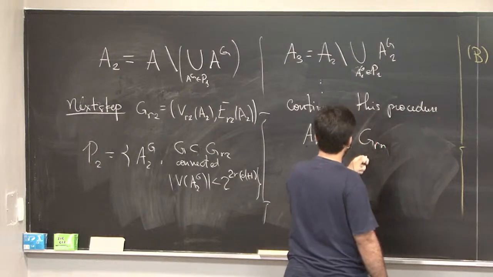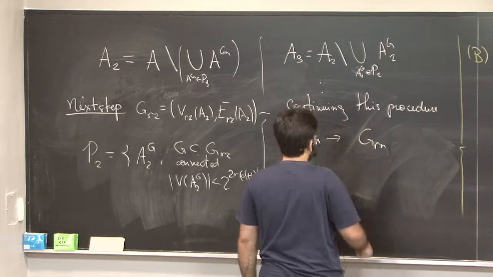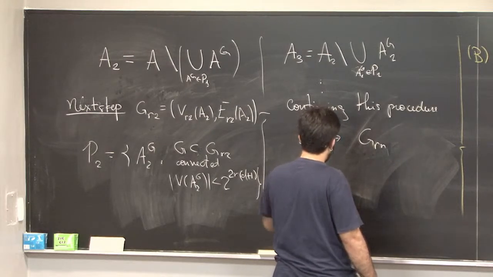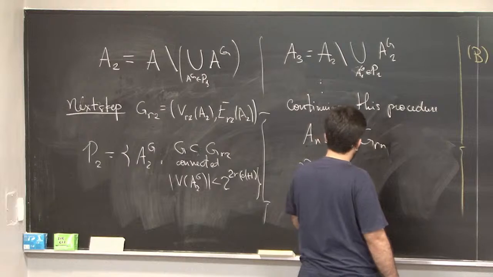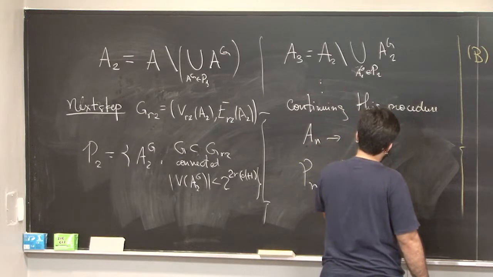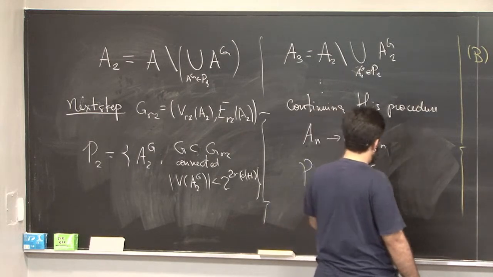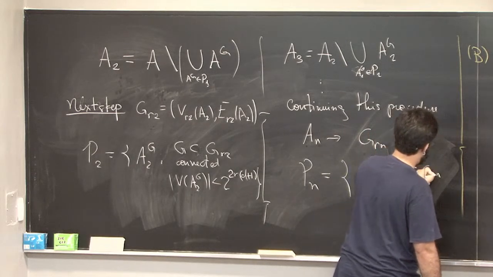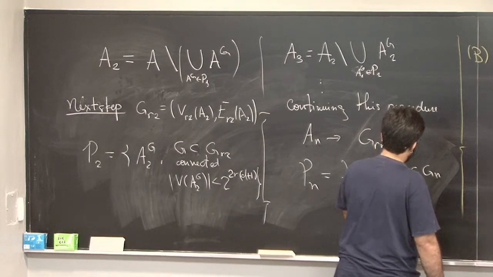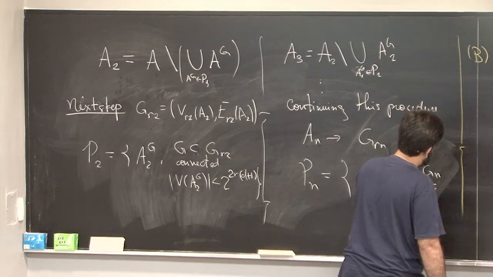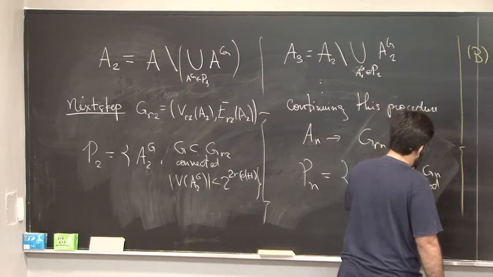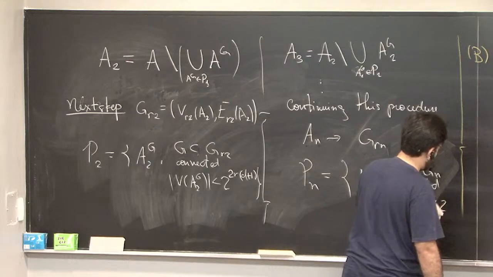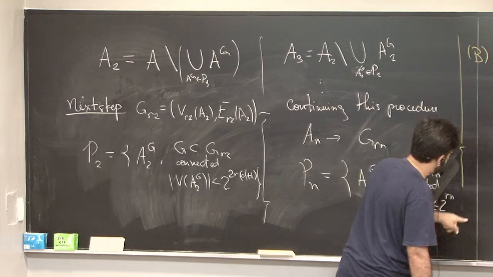Then we extract its connected components and define Pn as being all the AGNs where G is a connected subgraph, and we only extract them if their volume is small with respect to that scale.